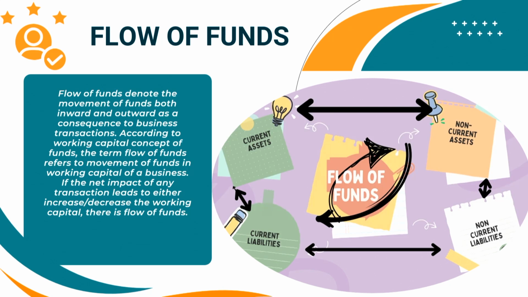If the transaction involves both accounts which are non-current in nature, it also does not lead to any flow of fund. There should be flow of fund only provided the accounts involved in the business transaction are a combination of current and non-current accounts.